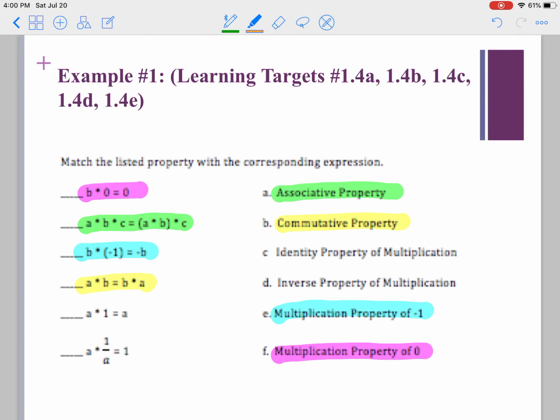Looking at the next equation, we have a times 1 equals a. Now the tendency might be to say, oh, this is describing what's being multiplied, a times 1. However, notice that that is only true for the multiplication property of -1. This a times 1 equals a is the one that I encouraged you to be very careful not to confuse with the similarly named property with addition. Let's look at what's happening.